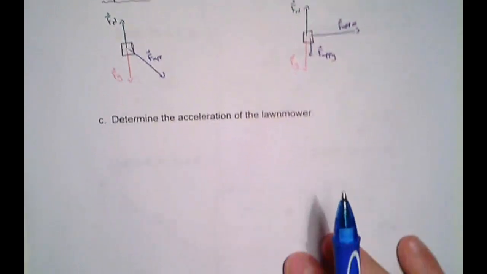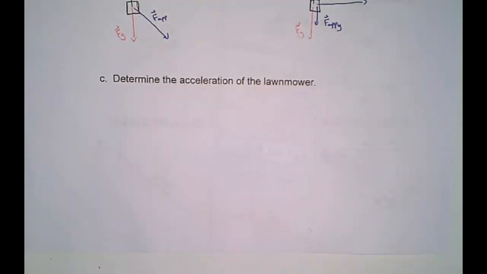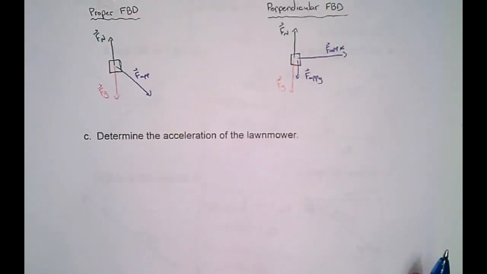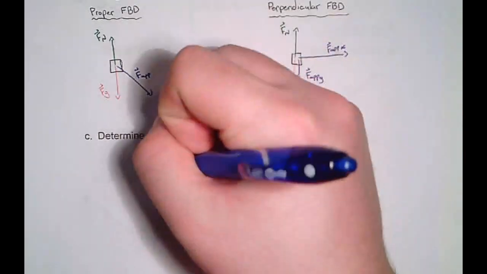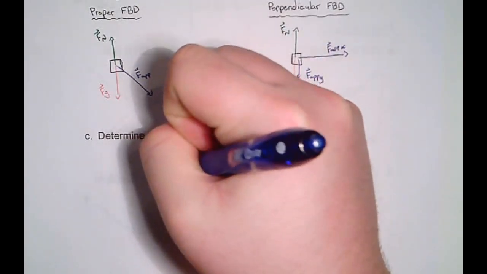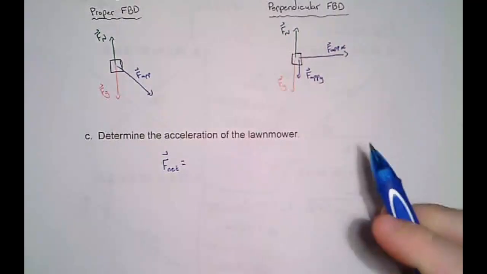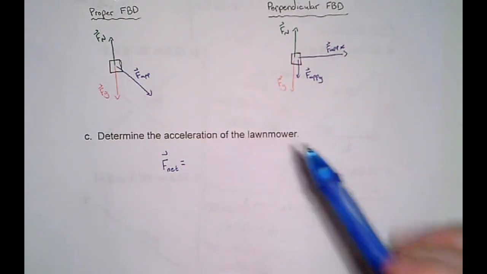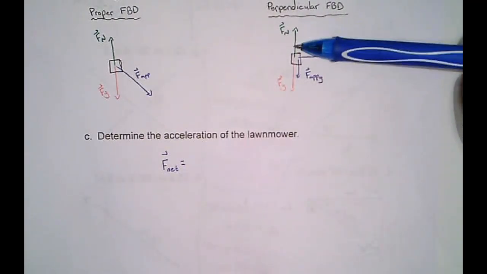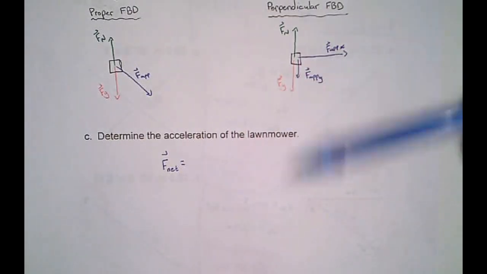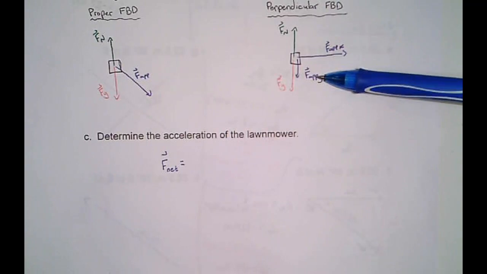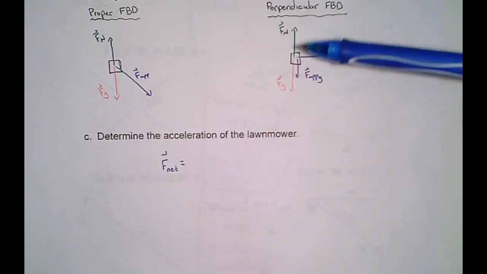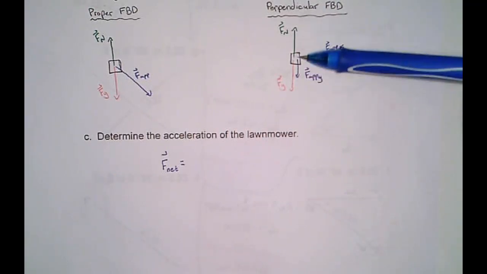Alright, so the last part of the question wants us to determine the acceleration of the lawnmower. If we look here at our equation, we have F net is all the forces acting on it. But again, we have the normal force and the force due to gravity. Now that I drew this poorly, but with the force due to gravity, the force applied, and the normal force, right now that's all balanced.